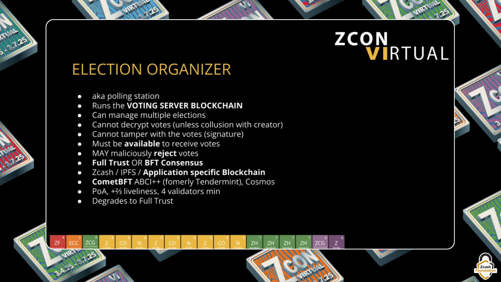Obviously, we can run multiple elections at a given time, even though I'm not sure it's going to be that often. But in case it happens, you have different URLs for different elections. And this election organizer who runs these servers cannot decrypt the votes, right?